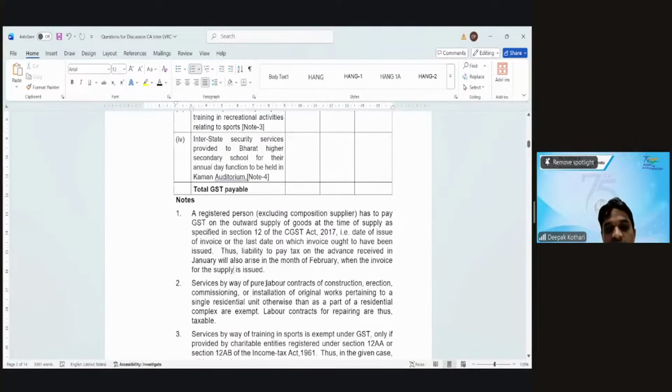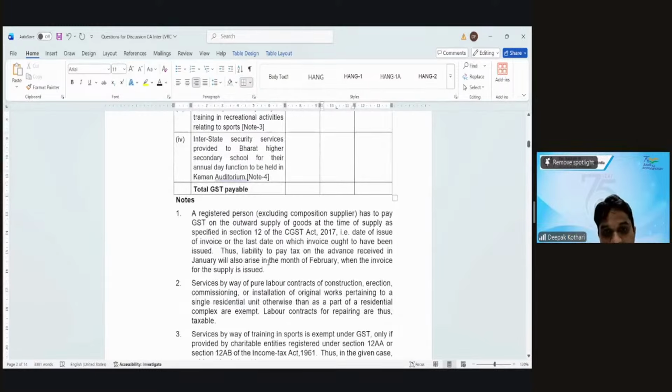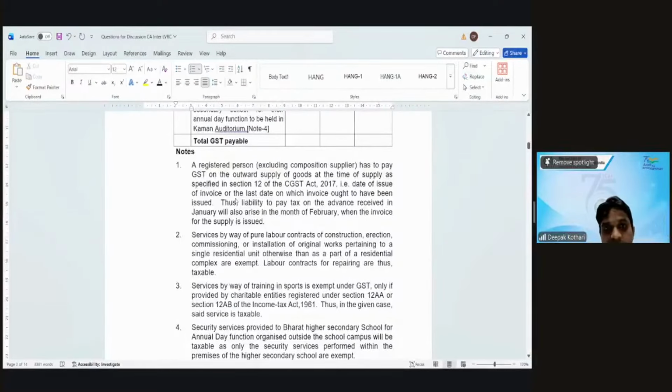What does note 2 say? Services by way of pure labor contracts of construction, erection, commissioning, etc., other than of a residential complex, are exempt. Labor contracts for repairing are thus taxable. So this will be taxable, on 1 lakh rupees at 9% and 9% respectively. Yes, tax will be paid.